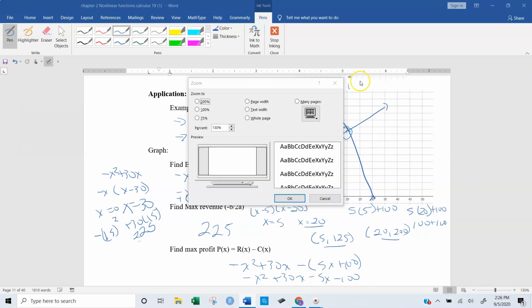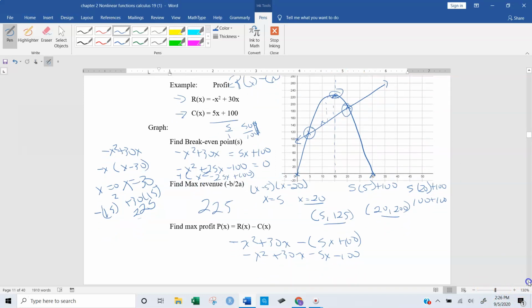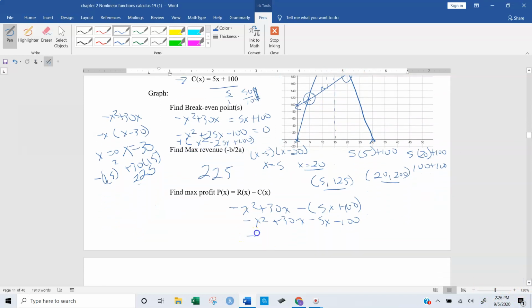So this time, we're going to get minus x squared plus 25x minus 100, which is what we already did up here when we did our break-even points.